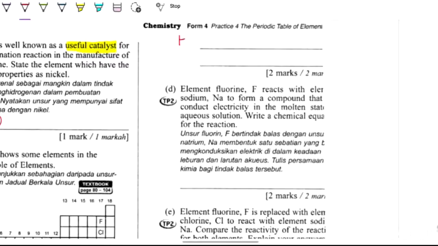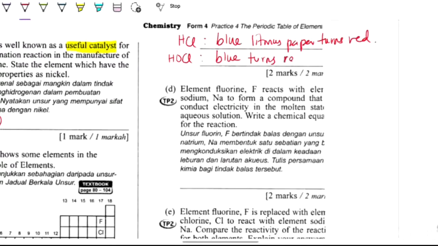For hydrochloric acid, the blue litmus paper turns red. For hypochlorous acid, the blue litmus paper turns red, and then it is bleached.